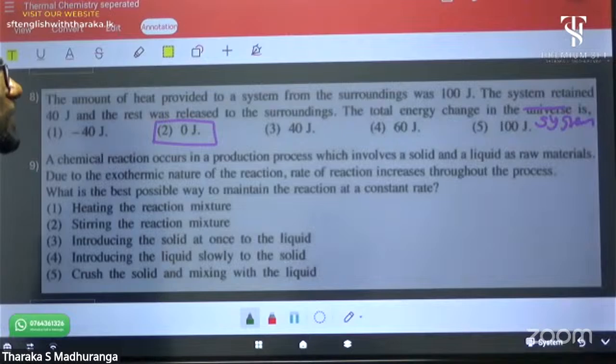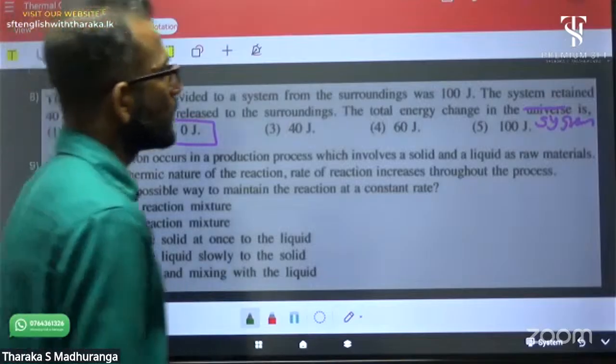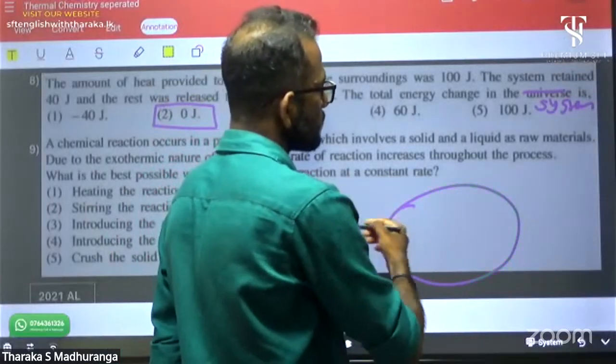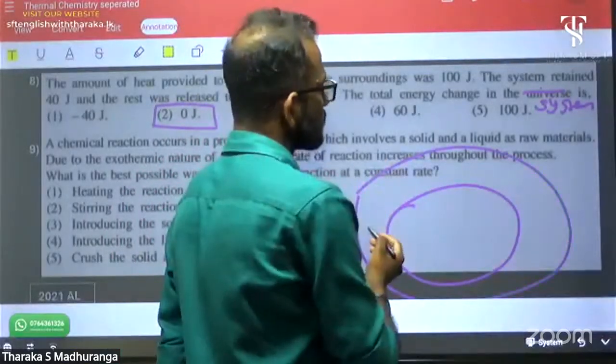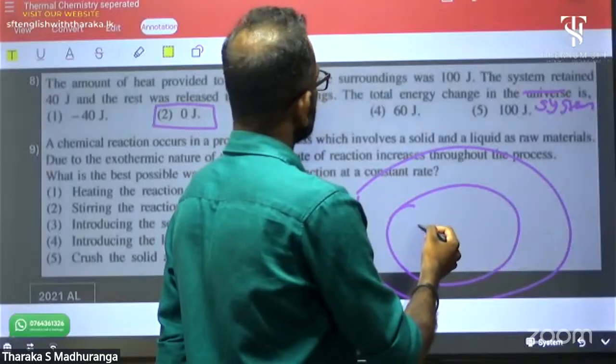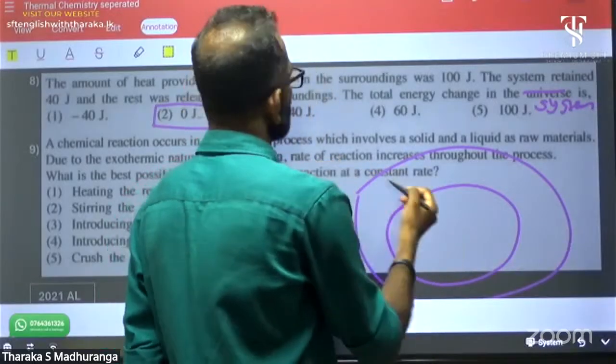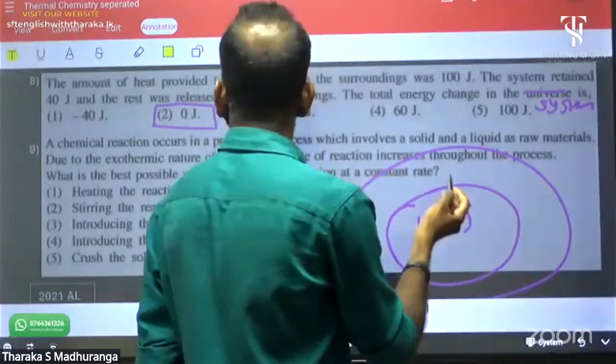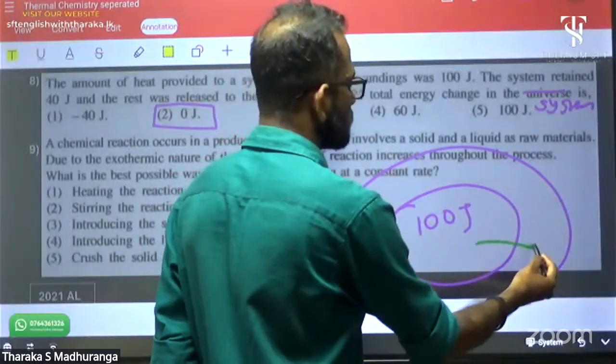The total energy change in the system. Then this is a system, this is the universe. The system absorbs 100 joules and releases 40 joules.